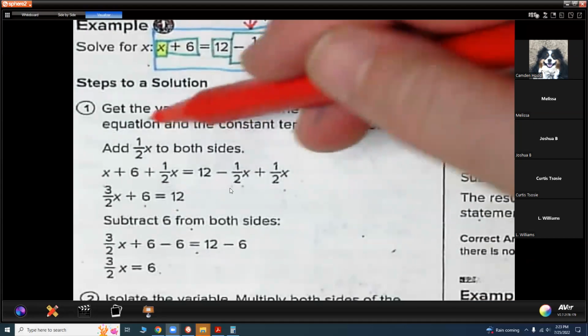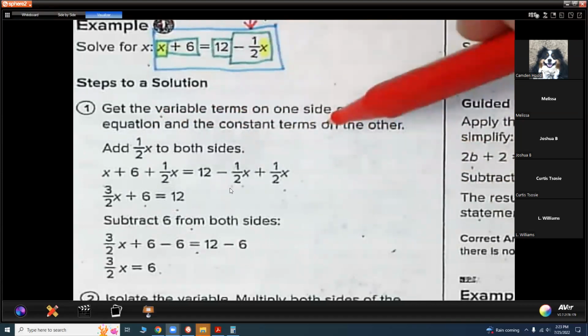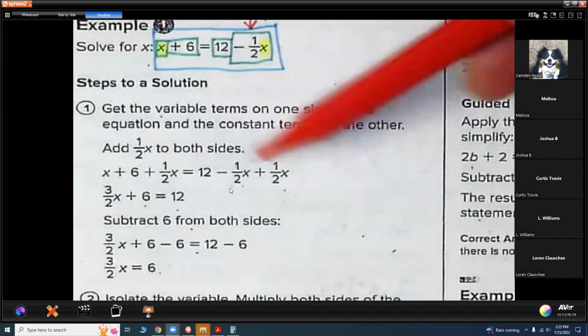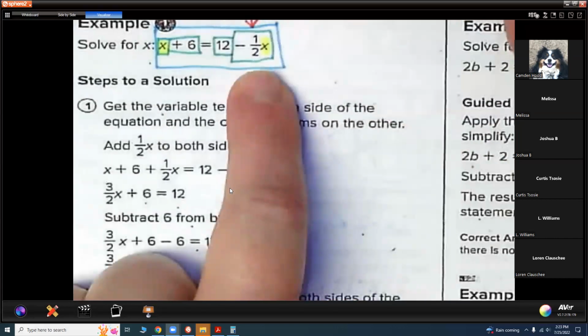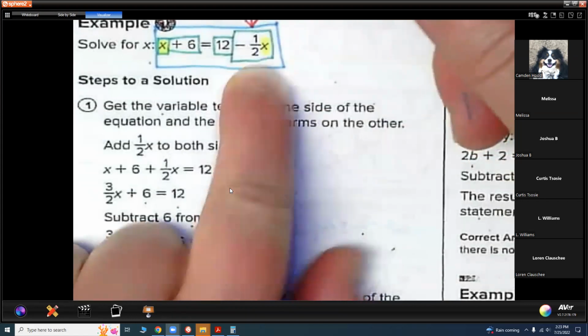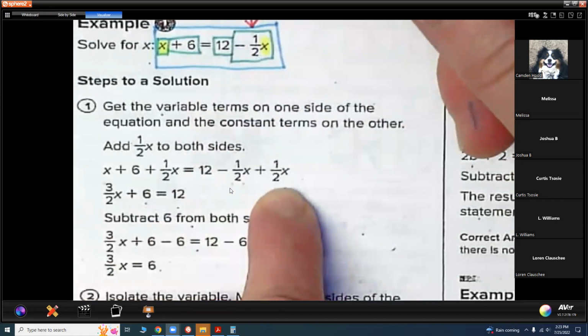Okay, so that's what it's telling us here: get the variable terms on one side of the equation and the constant terms on the other side. So if we're subtracting 1/2 x here, to get rid of that, we're going to add 1/2 x.